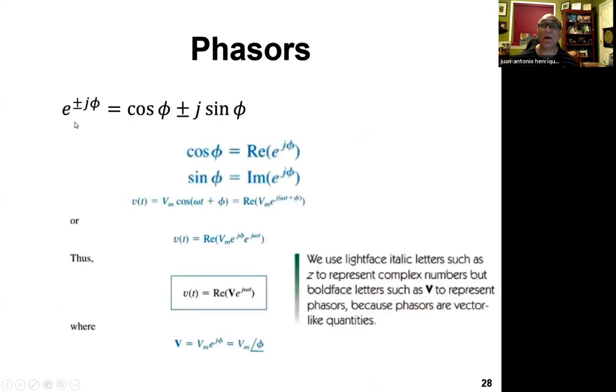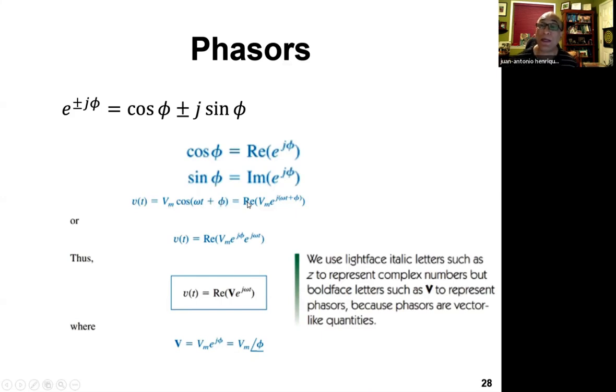So again, Euler's formula is this. The real part of this exponential gives you the cosine of the angle. The imaginary side of the exponential gives you the sine of the angle. So we can represent a voltage v of t, a sinusoid like this, with Vm cosine omega t plus phi.